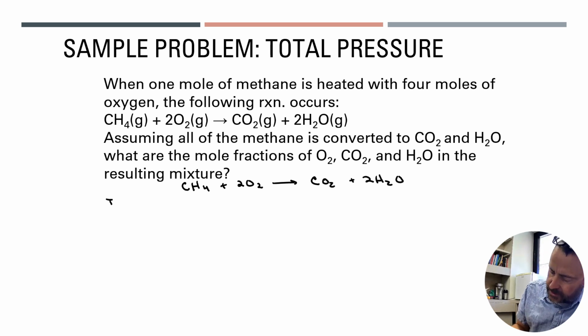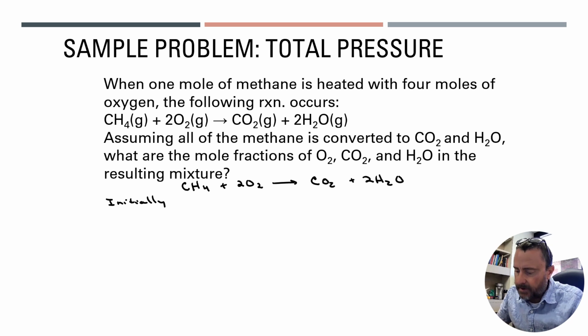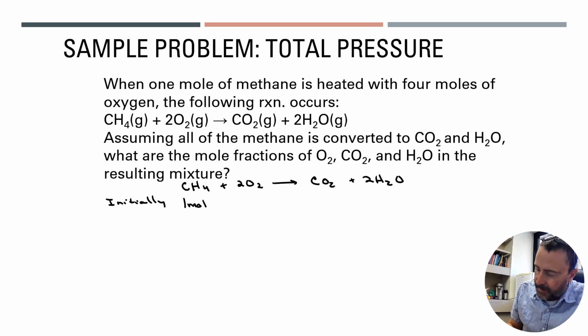Initially, that's the I in my ICE table. Initially, what did it tell me that I had? I had 1 mole of methane and 4 moles of oxygen, and thus we had none of those other things quite yet.